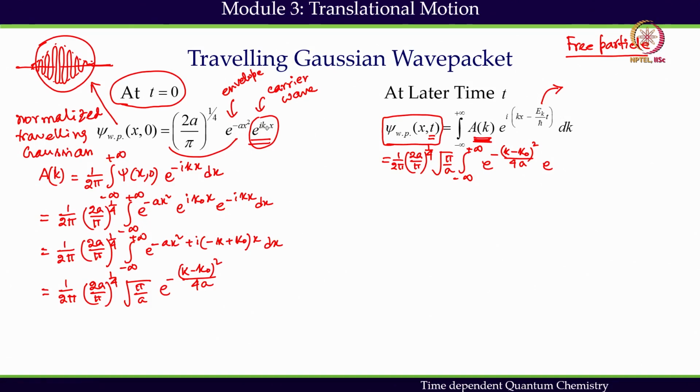So we can use that Ek value, and reduce this equation to plus I k x minus I h cut k square t by 2m dk. So this is the integration we have to perform analytically to get the final wave packet.